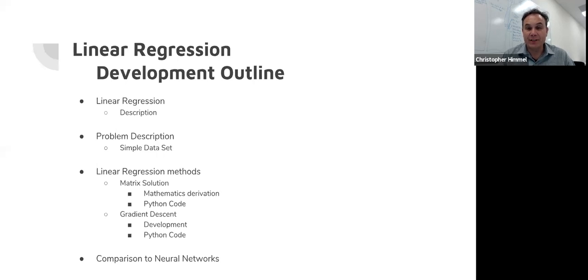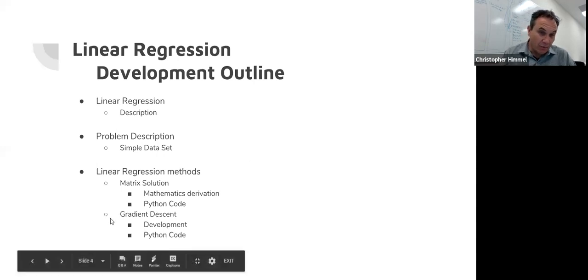A matrix solution, which is just solving your linear regression model directly. And we're going to give the mathematics behind it, the derivation, and then also show you the code, how you do it in Python.